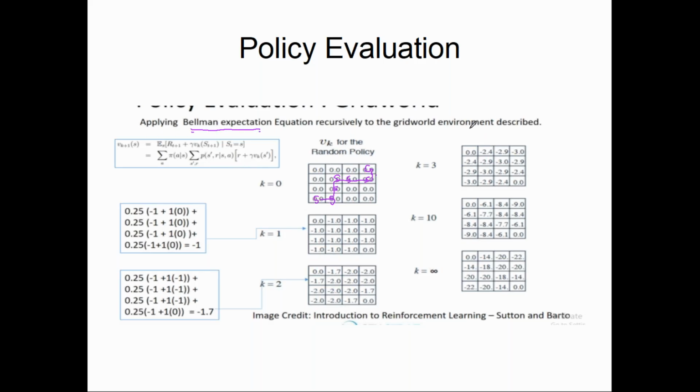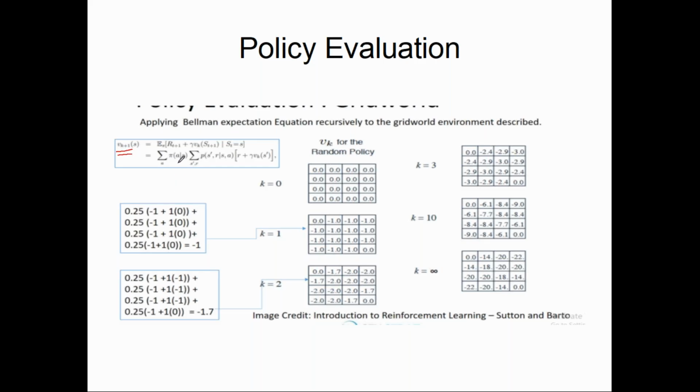Okay, now, as I mentioned, there are two probabilities we'll be using. We will be using rewards and state value functions. Let's look at it in detail. Now, we are trying to find the value of a particular state.